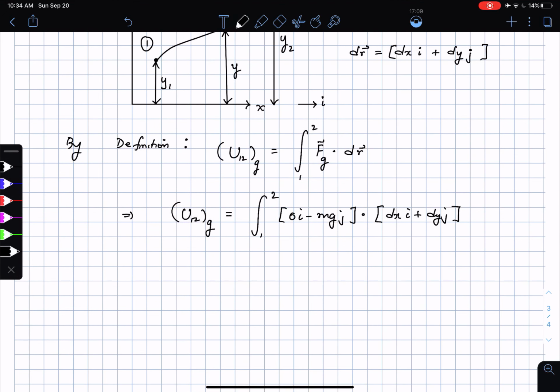If I do the dot product, as you can see, 0 times dx is 0, and minus mg times dy, j dotted with j, is equal to 1. So this is going to give me the following: U12G is going to be minus the integral of mg dy, and here I can do from y1 to y2.